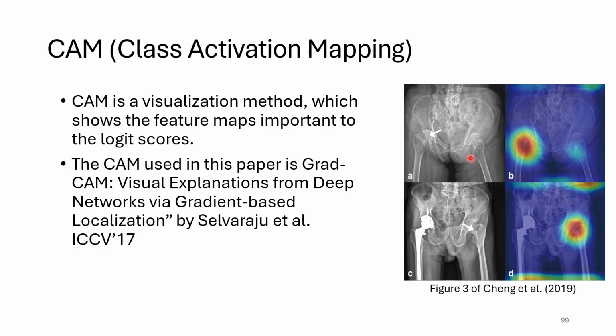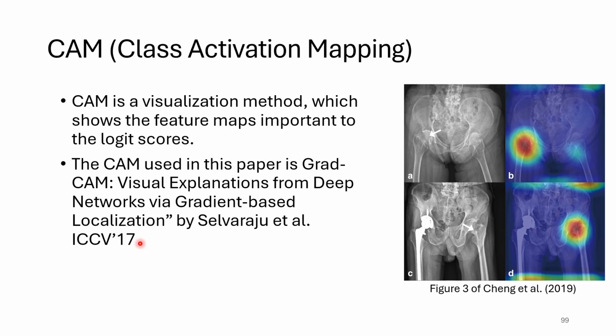For physician doctors, of course, they will pay attention to certain areas. But how do they do it in a neural network? Okay, so they claim they use a method called Grad-CAM, and Grad-CAM was a paper published in ICCV 17.